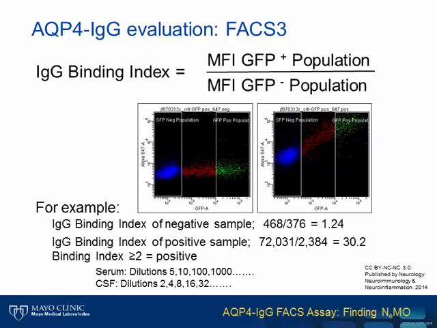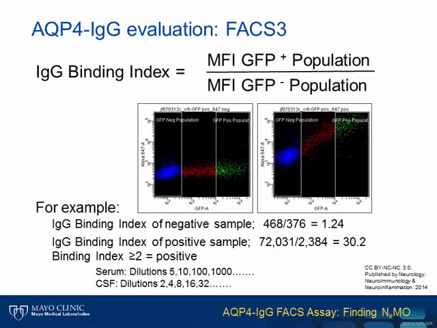What we have done is we have devised a ratio whereby we divide the mean fluorescence intensity of the GFP, AQP4 antibody positive population, by the mean fluorescence intensity of the non-transfected cells. And by testing large numbers of patients as well as controls, we have defined positivity as a binding index of greater than or equal to 2 as being positive.